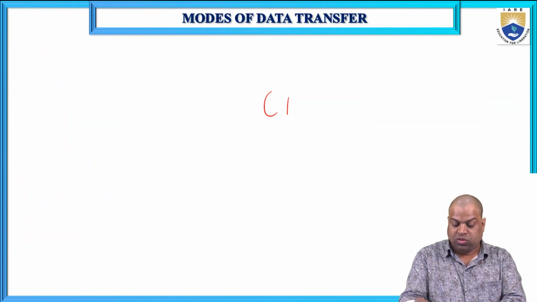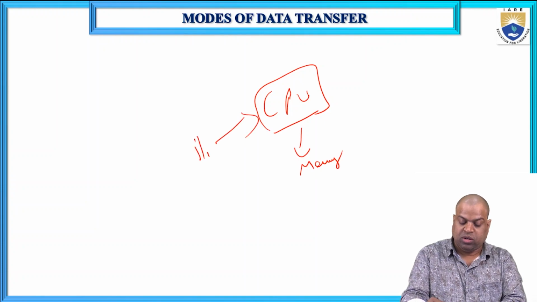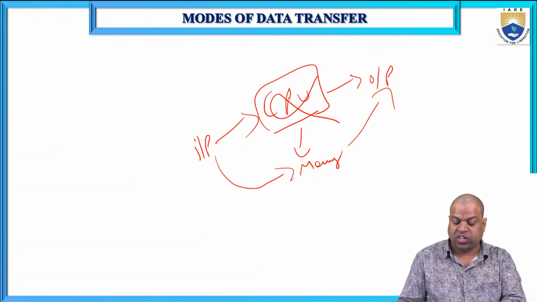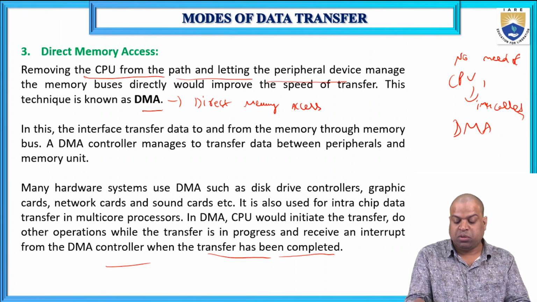Actually, the CPU is connected to the memory through the input and output. But if there is no need of any CPU, that means inputs and outputs are directly connected to the memory. So, removing the CPU from the path, the peripheral devices manage the memory buses directly.